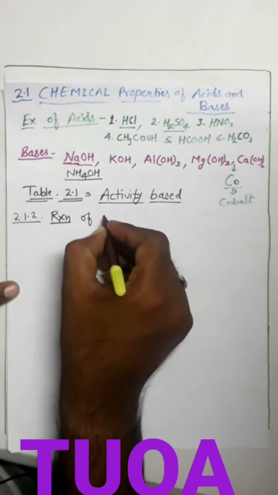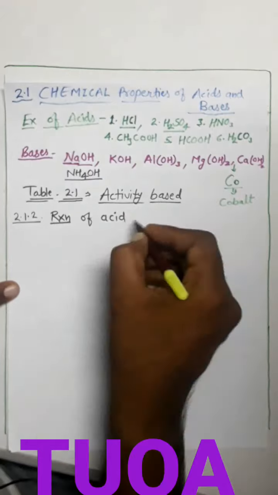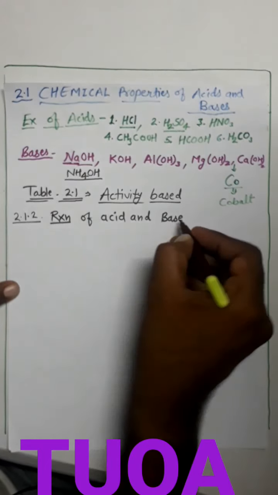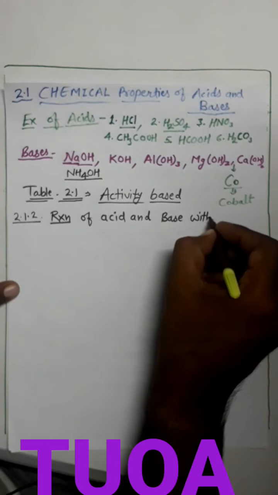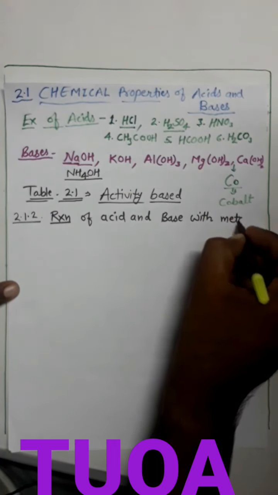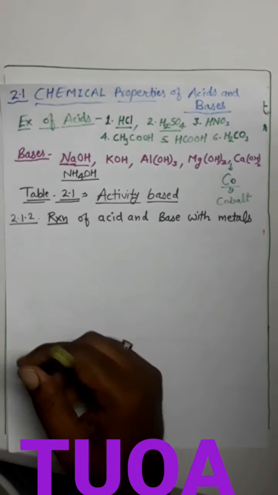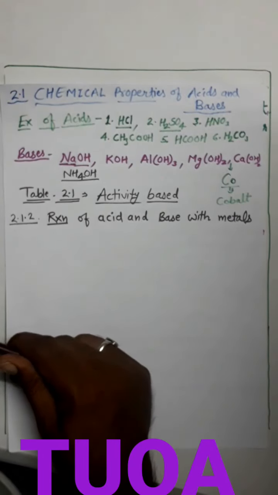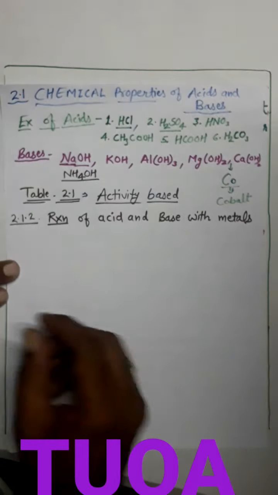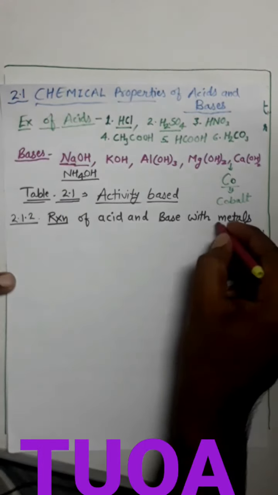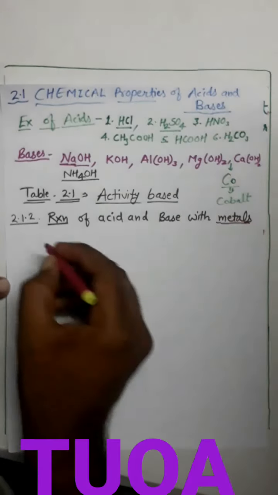Reaction of acids and bases with metals. What is the topic name? Reaction of acids and bases with metals. Okay, now when we see the word metals, you should know what is the meaning of metal.